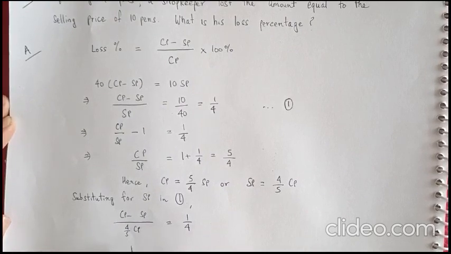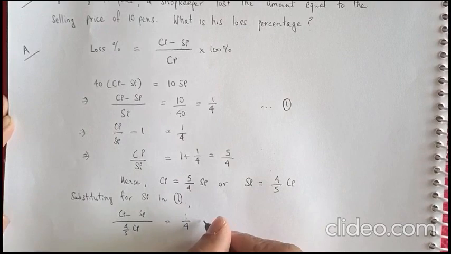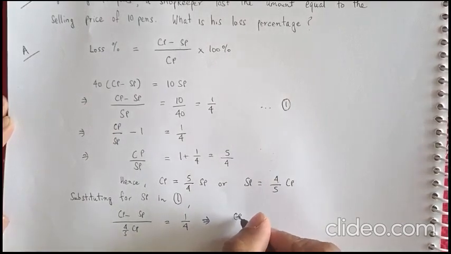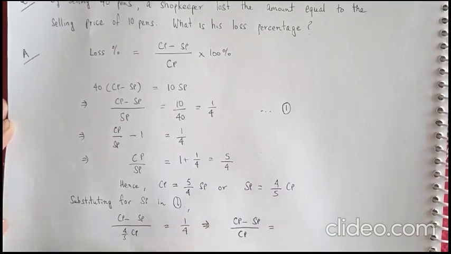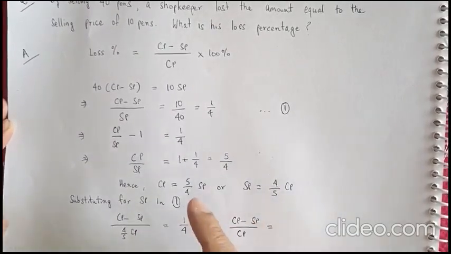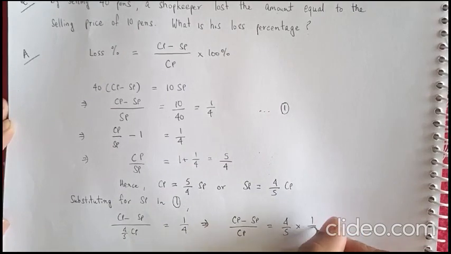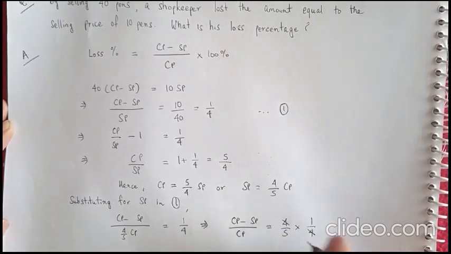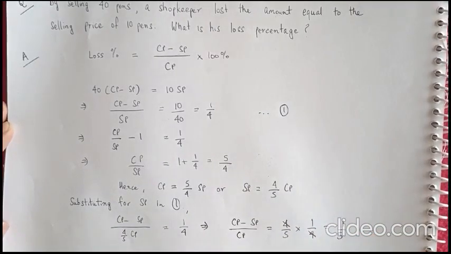Now all we need to do is bring this 4 by 5 here. So it becomes CP minus SP by CP is equal to, the 4 by 5 goes above to the numerator, 4 by 5 into 1 by 4. 4 and 4 is cut. This gives us 1 by 5.